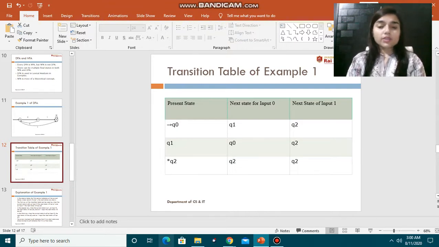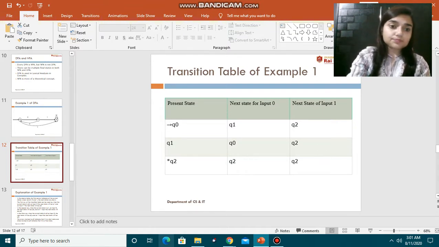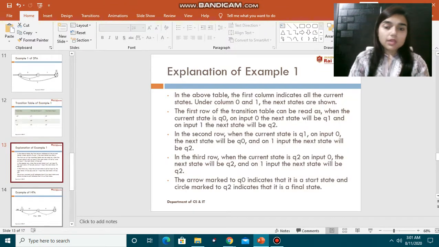And in Q2, on giving 0 and 1, in both cases, it reaches Q2 only. So in this way, you can easily represent a transition table from the given transition diagram, or if the transition table is given, you can easily draw a transition diagram.